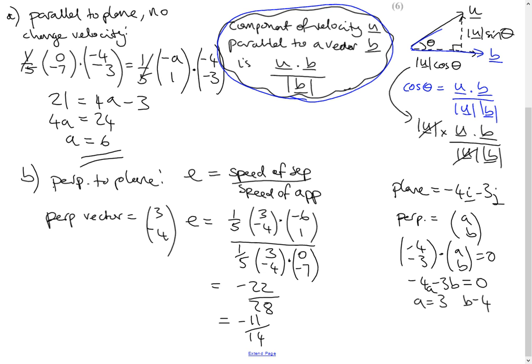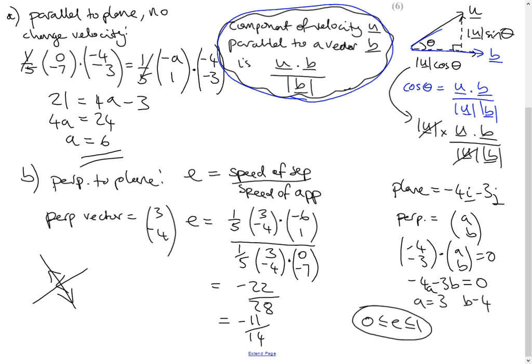And at this point, there's a bit of a problem because e should be between 0 and 1, and I've got a negative number. Now, this is to do with when I found my perpendicular vector. Remember, with vectors, vectors have direction. So there is actually two ways, or an infinite number of vectors that are perpendicular.